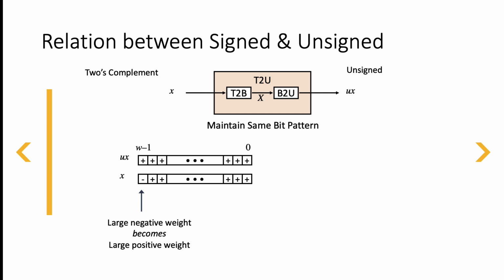With signed, with 2's complement, we do the same thing, but remember in the 2's complement function, we actually had the w-1 bit broken out and it had a negative weight. That's the only difference. A large negative weight in 2's complement becomes a large positive weight in unsigned, and vice versa. If we go from unsigned, we take that most significant bit that would have a large positive weight, and it just becomes a large negative weight when we're dealing with 2's complement.